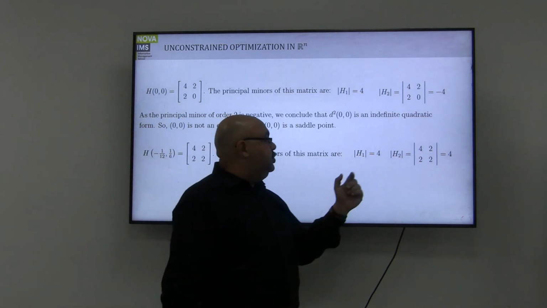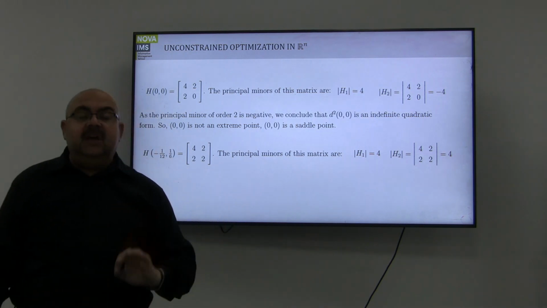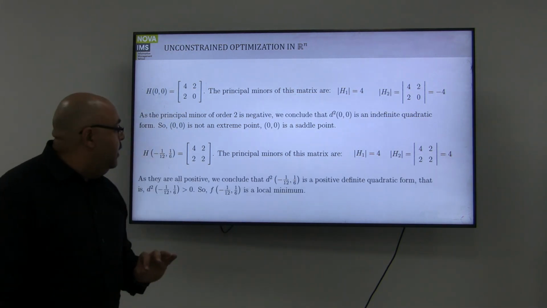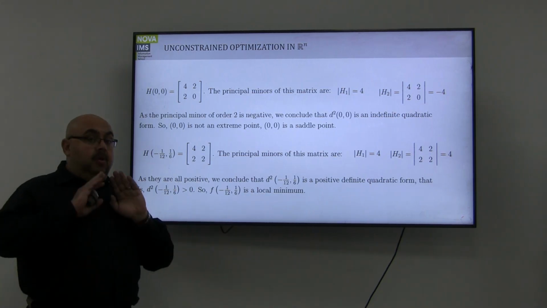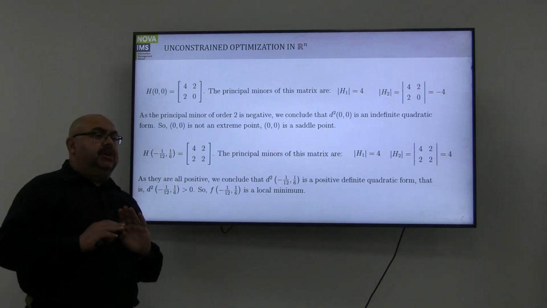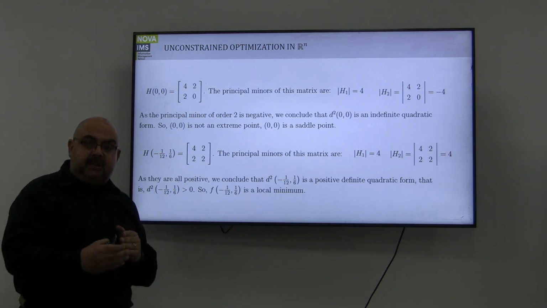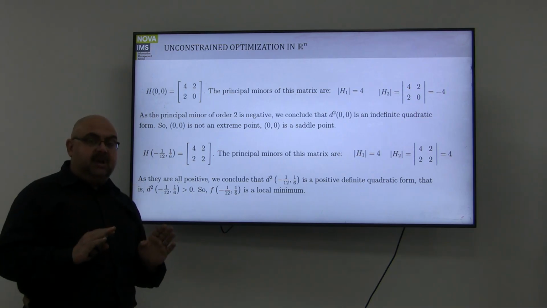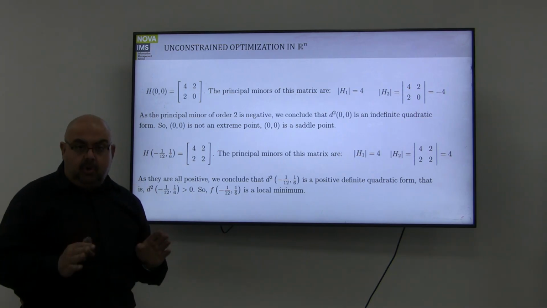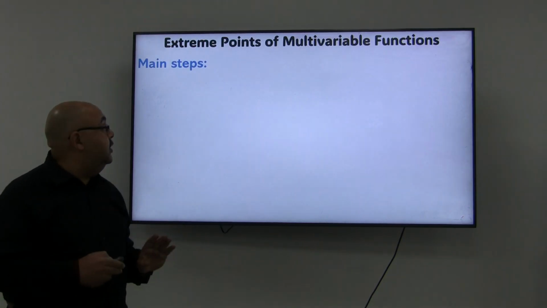As they are both greater than 0, I'm dealing with a positive definite case, and it will develop a minimum point, a local minimum. Once more, the classification is clear. It's arranged in steps, systematic, very smooth, but you have to memorize the classification according to the principal minors that we already reviewed together.